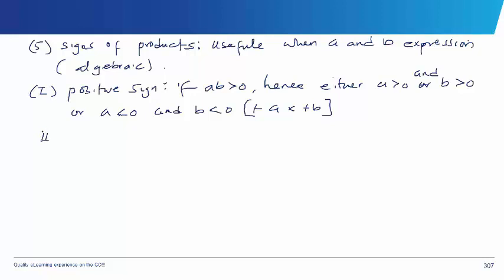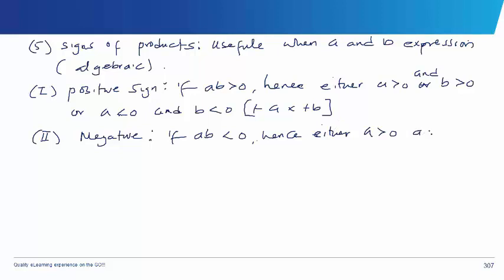Number 2: what if they are negative signs? For negative signs, if AB is less than 0, it implies that it is either A is greater than 0 and B is less than 0, or A is less than 0 and B is greater than 0.